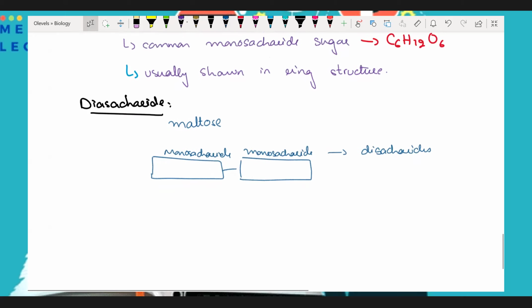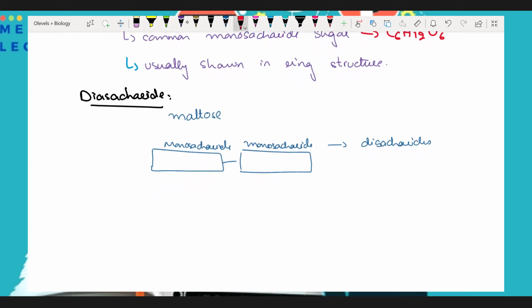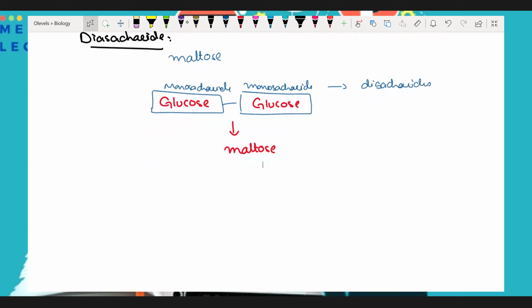In the case of maltose, both monosaccharides are glucose. Ma'am, is it C12H24O12 for maltose? I'm going to tell you its formula. It's actually C12H22O11. Yes, that's the formula for a disaccharide.